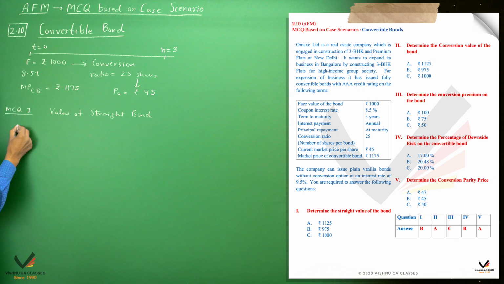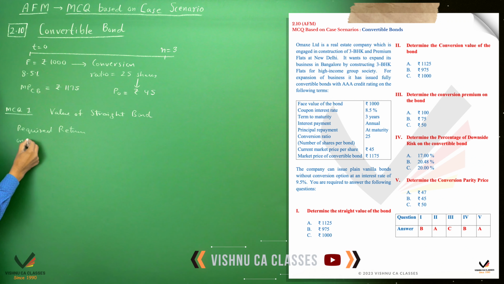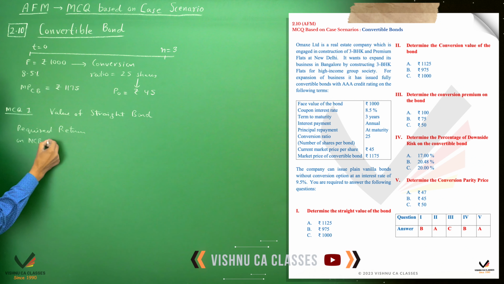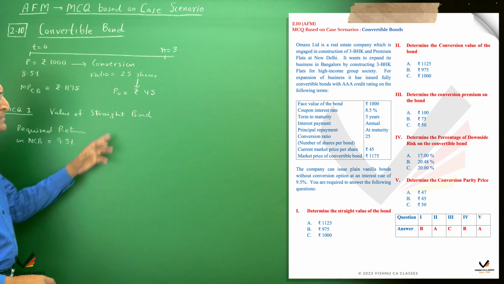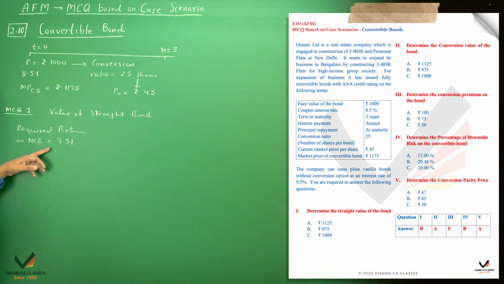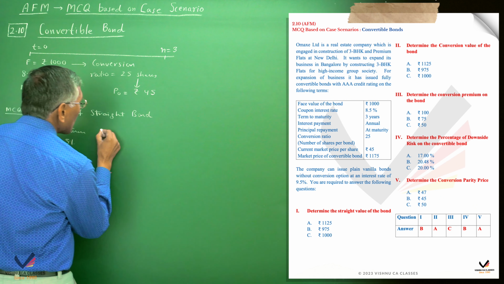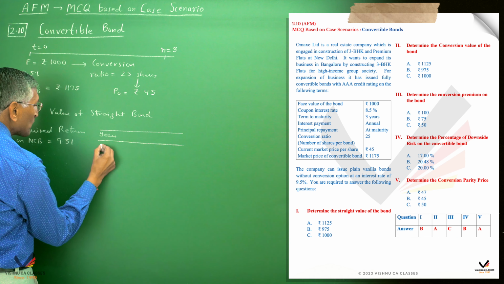So it means we are given required return by investor. So on a non-convertible bond that is equal to 9.5% per annum. So value of straight bond will be present value of future benefits at this required return. So we can show table. Years are 1, 2, 3.